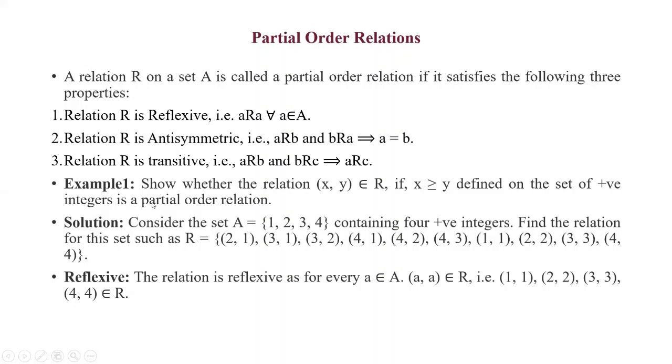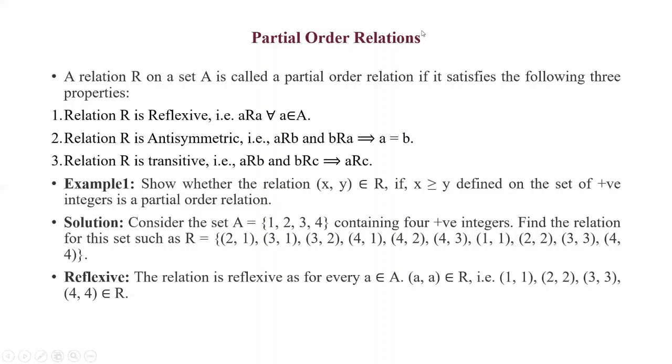So in partial order relation, we see the example. Show whether the relation (x, y) belongs to R if x is greater than or equal to y, defined on a set of positive integers, is a partial order relation. Whatever set is given, in that set a pair x comma y is present. This pair x comma y belongs to R if the first element is greater than or equal to the second element.